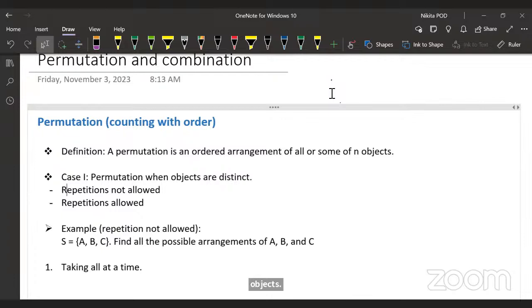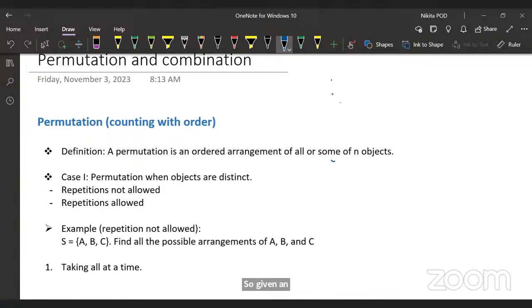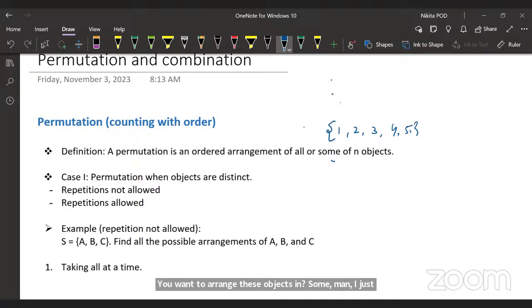Let's say you have 5 objects, and you want to arrange these objects in some manner. You just want to make the arrangement.